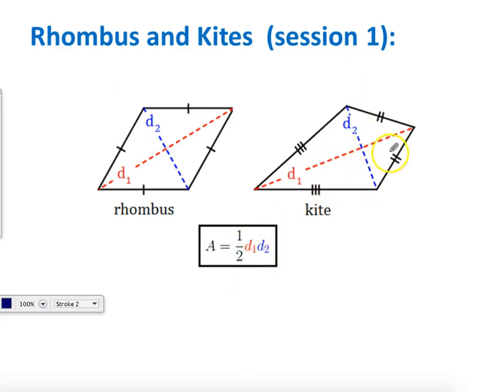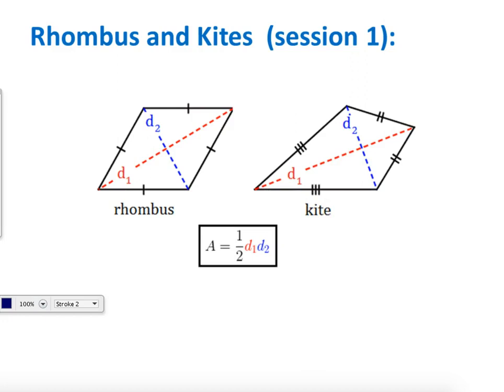A kite is very similar. The difference is that not all 4 sides are congruent, but these 2 sides are congruent, and these 2 sides are congruent. That's what makes it different from a rhombus. It's the same formula to find the area though: 1/2 diagonal 1 times diagonal 2, the length of your 2 diagonals.